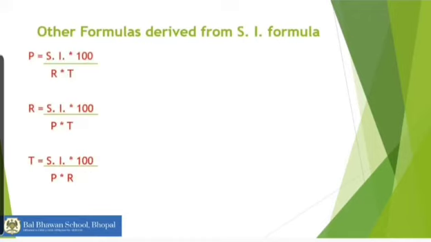There are a few other formulas also which you need to understand. If simple interest, rate and time are given, you can calculate the principal by principal equals SI into 100 upon R into T. When you want to find the rate, the formula becomes SI into 100 upon P into T. And when you want to calculate the time, it becomes SI into 100 upon P into R. All these formulas are used to calculate the values of principal, rate and time.